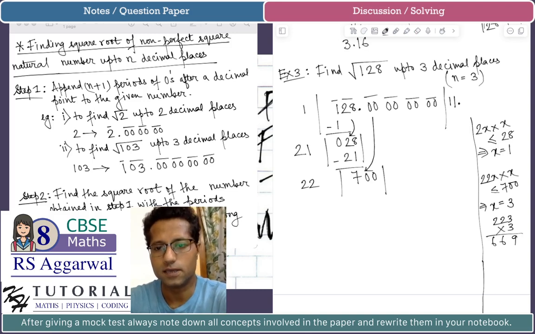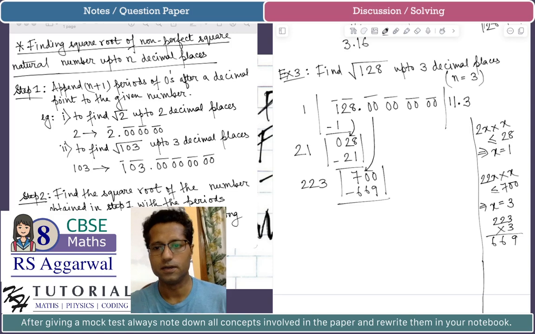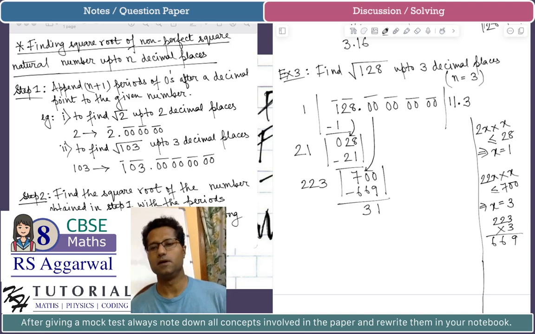I am replacing x with 3. 3 will get appended to the current quotient. So 3, and 223 multiplied by 3 is 669. Subtract that from the current dividend, and the remainder becomes 31. Okay, the remainder is 31.